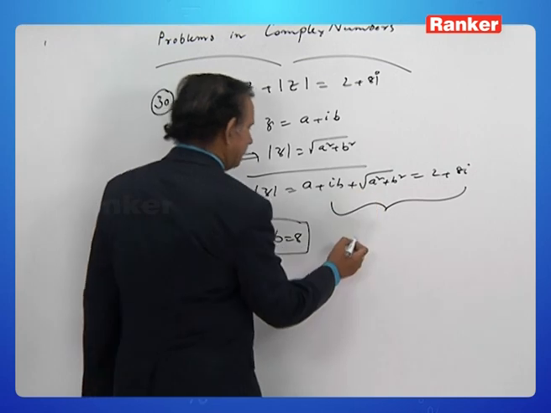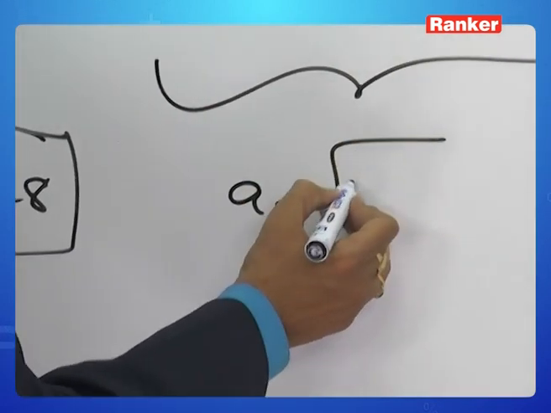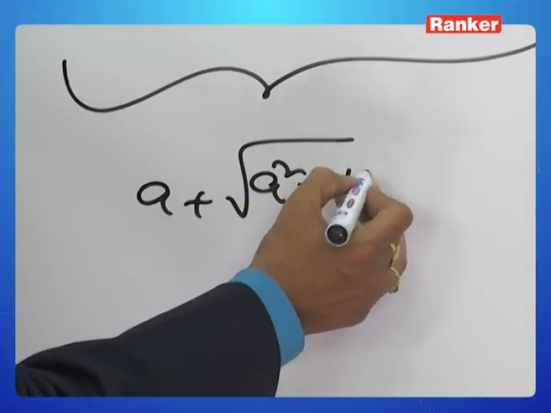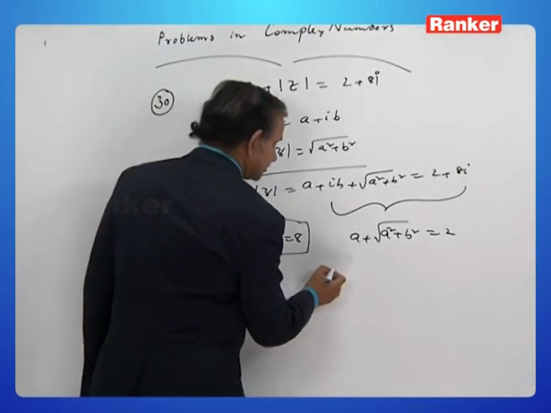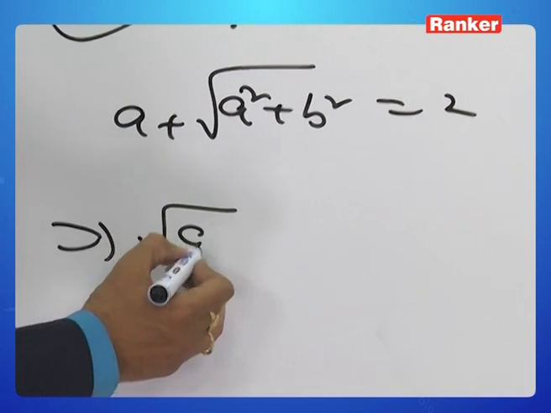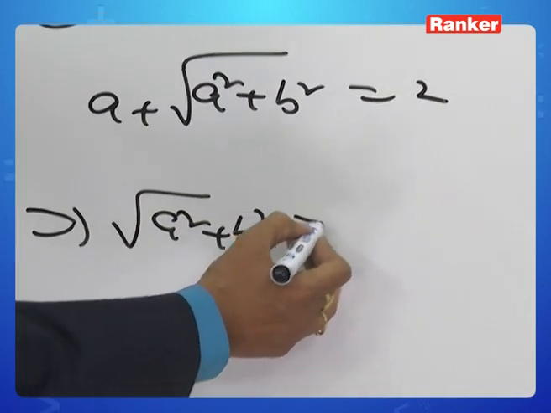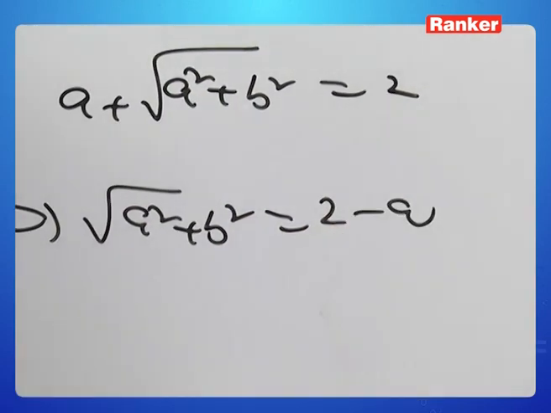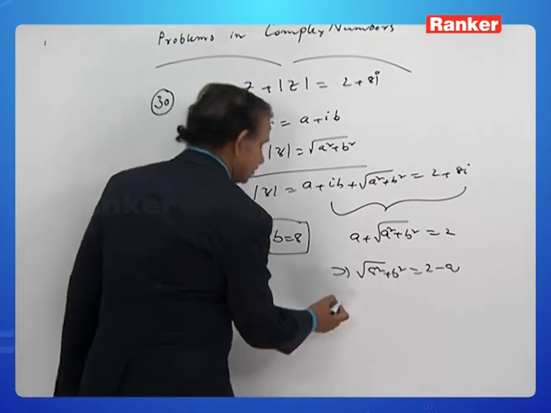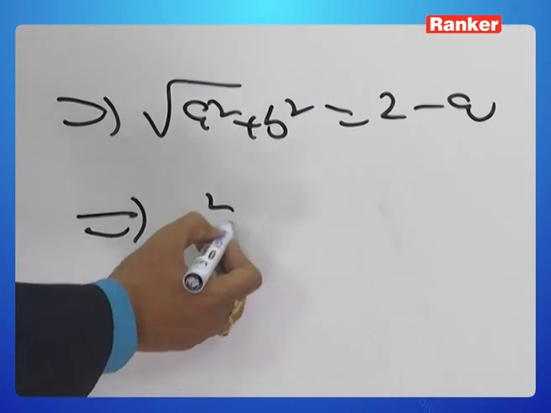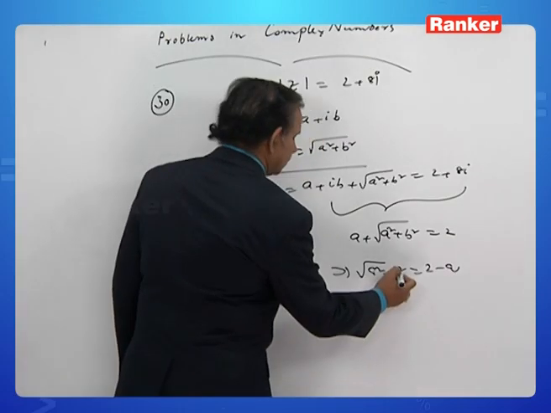Again, a plus root of a square plus b square is equal to 2. From this, root of a square plus b square is equal to 2 minus a. Let us square it on both sides. a square plus b square.